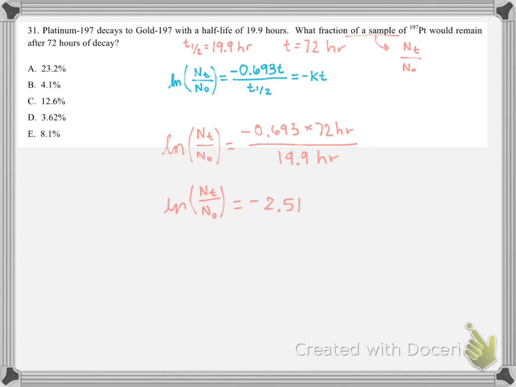Then we can do e to the power of both sides to cancel the natural log, and we get that this ratio is equal to 0.0815, which is the same as 8.15-ish percent. That corresponds to answer choice E.